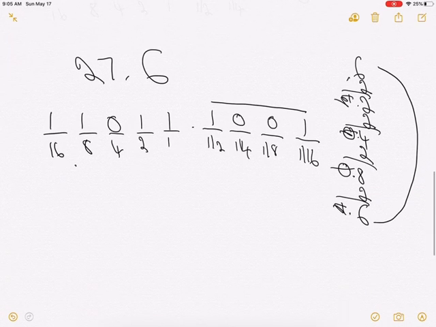Let's do a little bit more complicated one, 27.6. So I turn on the 16, the 8, that's 24, the 2 and the 1, that's 27. 0.6 times 2 is 1.2. I take this 1 and put it right there, and I get rid of it. Take the remainder, 0.2 times 2, I get 0.4.